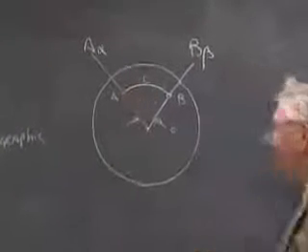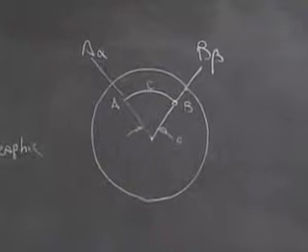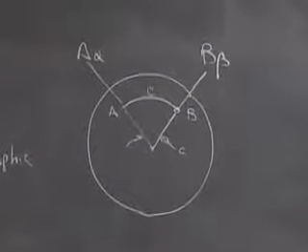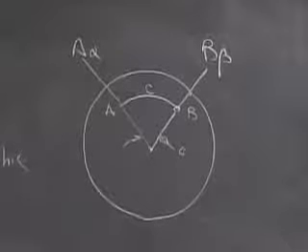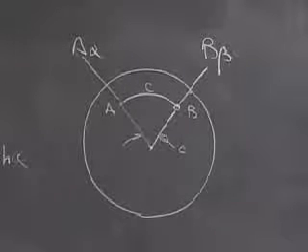So the length of this distance between A and B is the angle C. Again, it sort of boggles the mind when you measure lengths in terms of degrees rather than some metric unit.